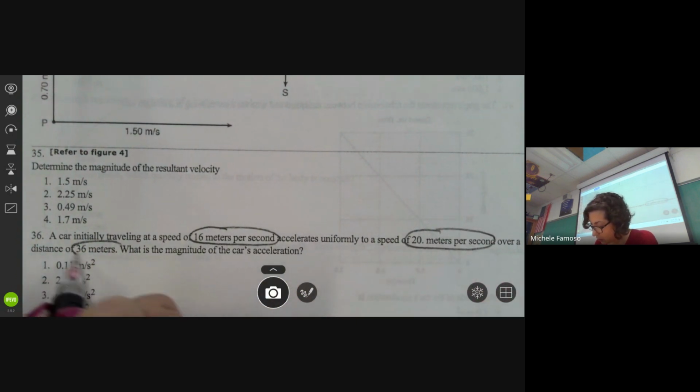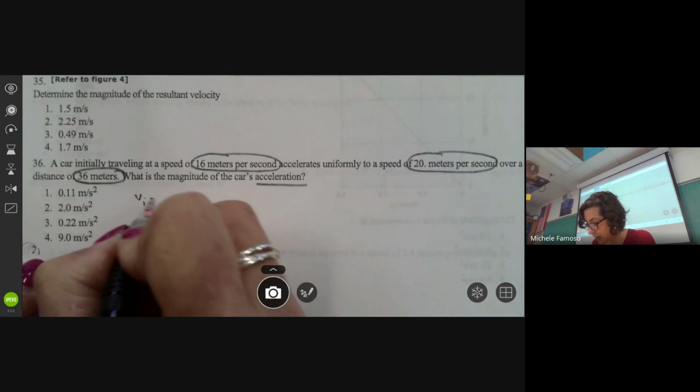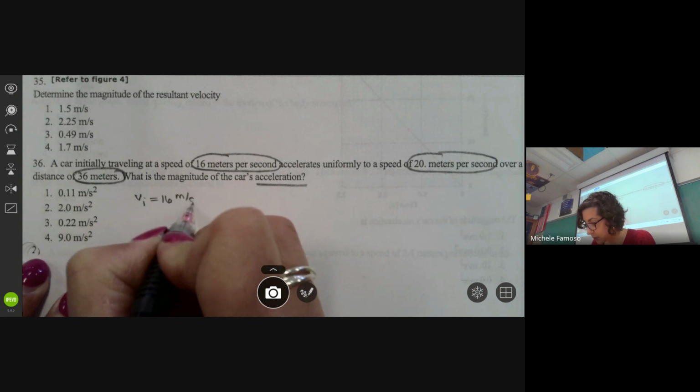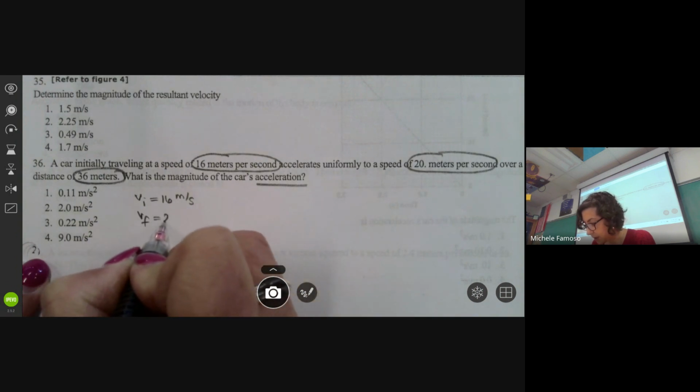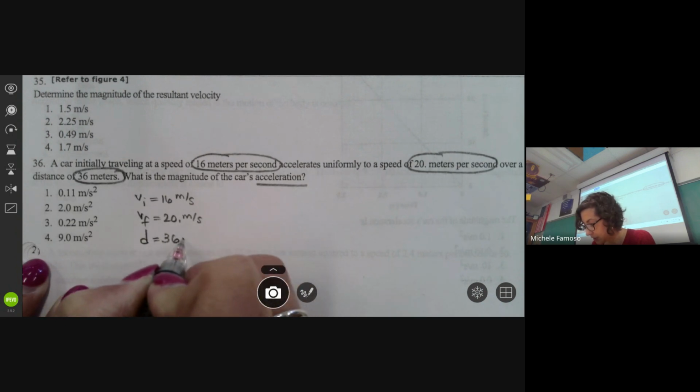36, yes, 36. We have a 16 meter per second, a 20 meters per second, 36 meters, I'm looking for acceleration. So the VI is 16 meters per second. The VF is 20 meters per second. The D is 36 meters.